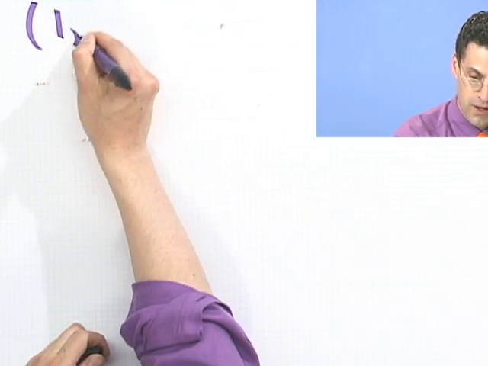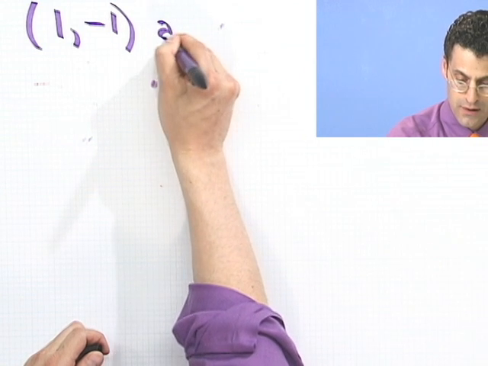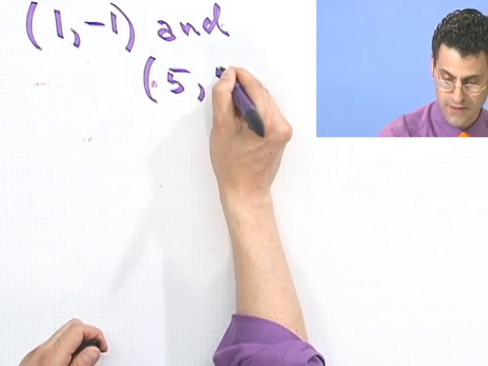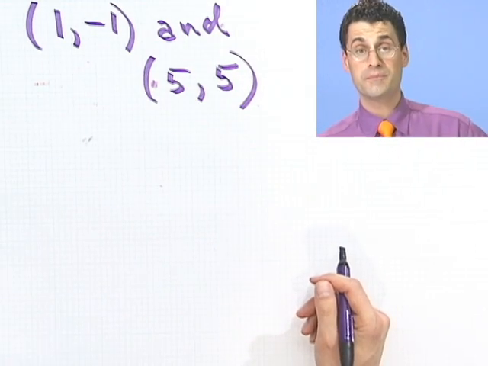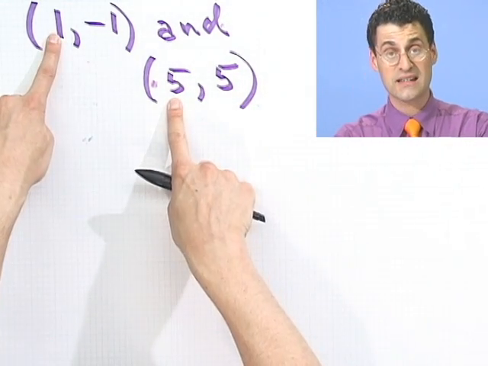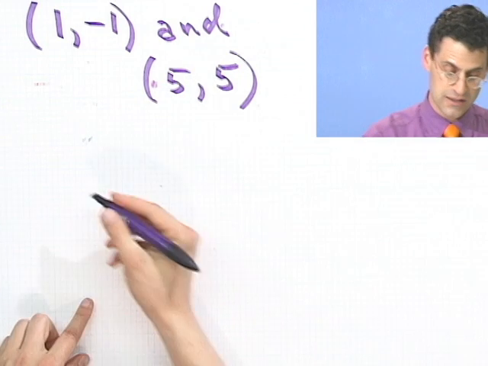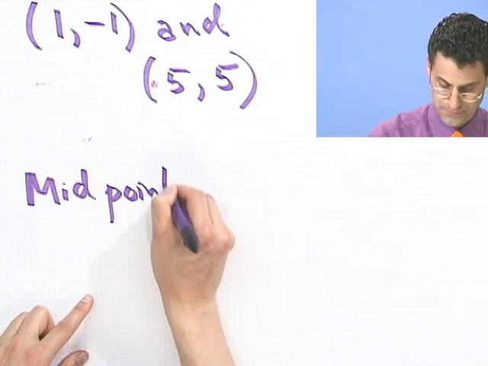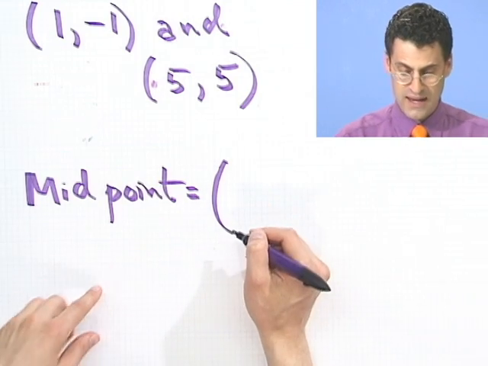Let's do a quick example together. Let's find the midpoint between the points 1, minus 1, and the point 5, 5. So if I want to find the midpoint, what I have to do is average the x's and then average the y's. So the midpoint would be, well, I'd average the x's.